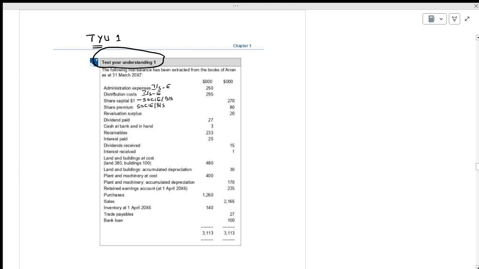It will never change. Keep it in mind. You do 100 questions, in any financial statements, it will remain the same. Revaluation surplus.